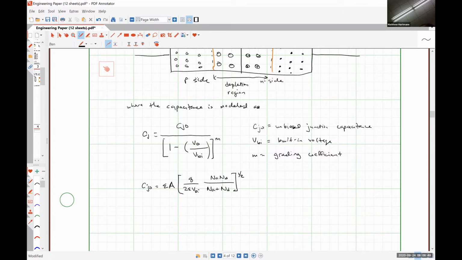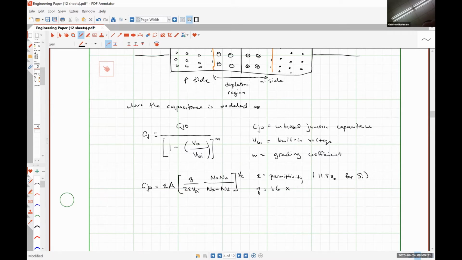And then we take the square root, where epsilon is the permittivity. And for silicon, it is 11.8 epsilon naught, where epsilon naught is the permittivity of free space, a constant 8.854 times 10 to the minus 12 farads per meter. But you can look that up easily on Wikipedia and not have any issue with the number being wrong.